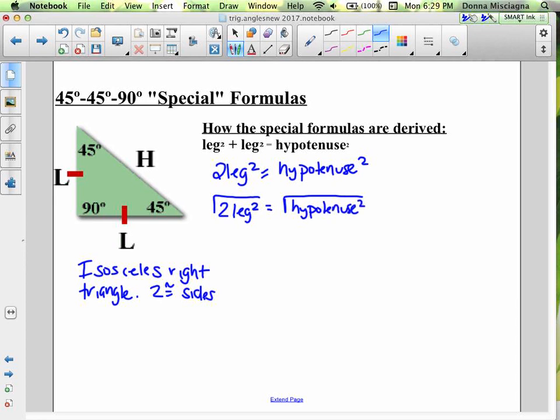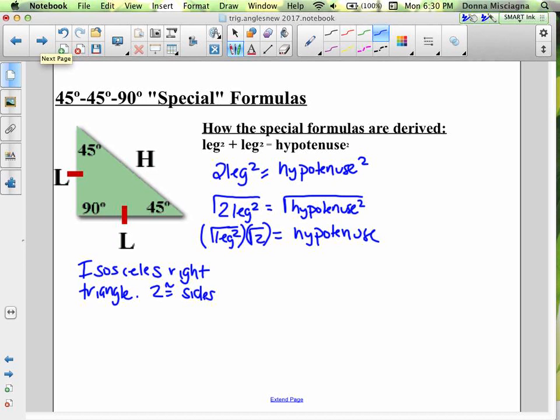Let's look at hypotenuse squared first. Of course, square and square root will cancel, so the square root of hypotenuse squared is just hypotenuse. This is a product, 2 times leg squared, so I could rewrite that. We have leg squared as one part of the product, and then the square root of 2 is the other part of the product.